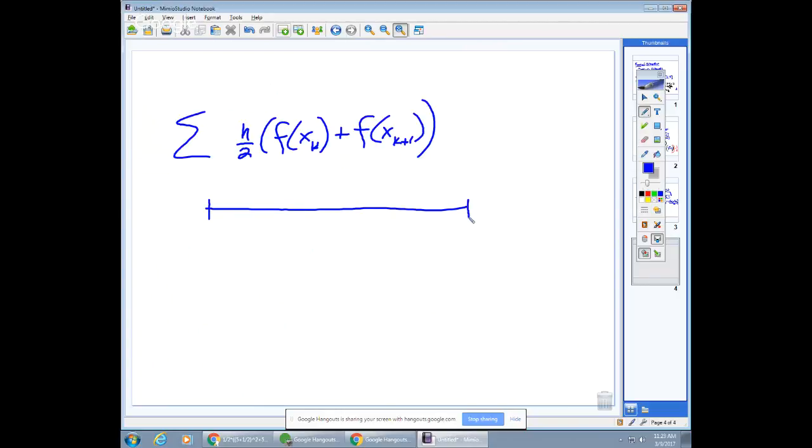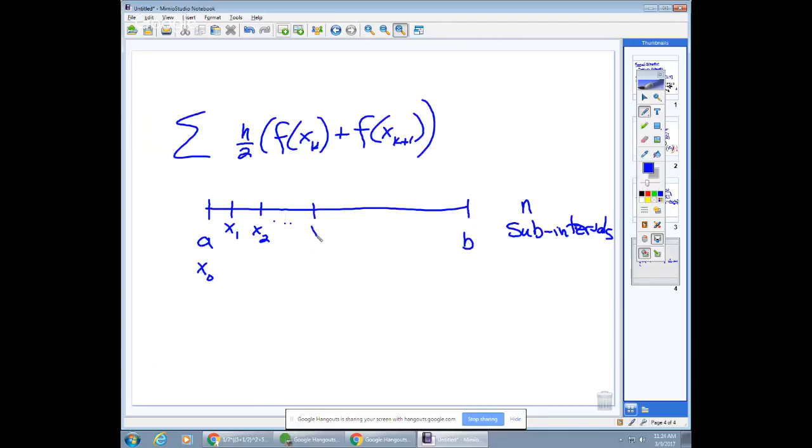Let's see. Usually we say we start at some x value called a and another one called b. And usually we want n subintervals. I like to call the first one x sub 0. So the first one after that is x sub 1, and then there's an x sub 2.